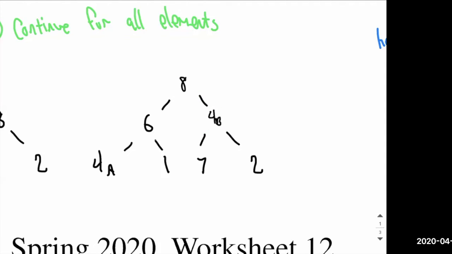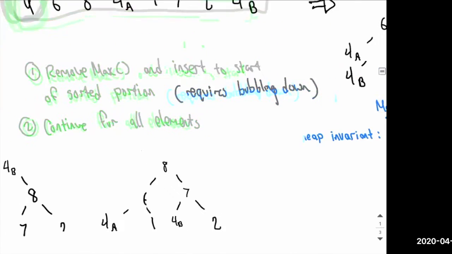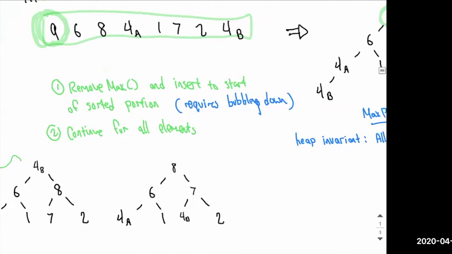Then I ask myself, is 4b greater than the 2 children, 7 and 2? We see that it is not. 7 is greater than 4b, so we swap those 2 elements. Now we can read this as an array. And so in the next step, our array will look like this, and our sorted portion here contains the max that we removed, 9.